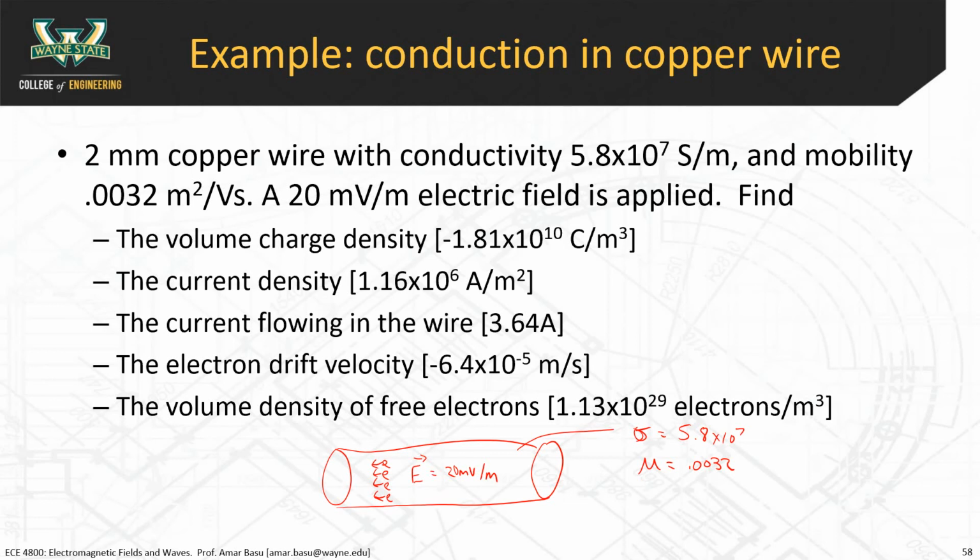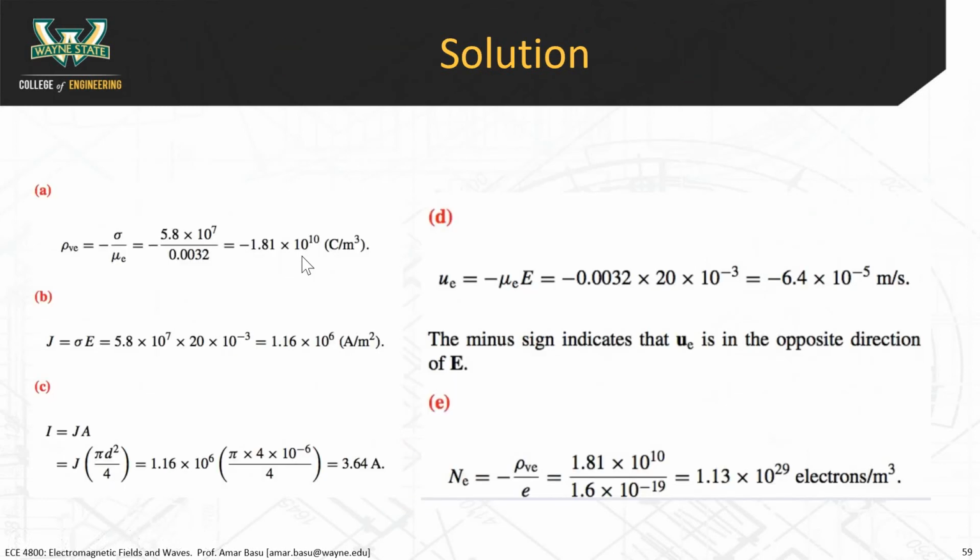All right. So the first step is to find the volume charge density. And the way you do that is you have this relationship we found before, that the sigma of a material, sigma, is equal to rho_v times the mobility. We saw that a few slides ago.